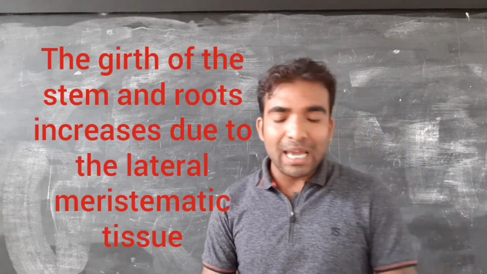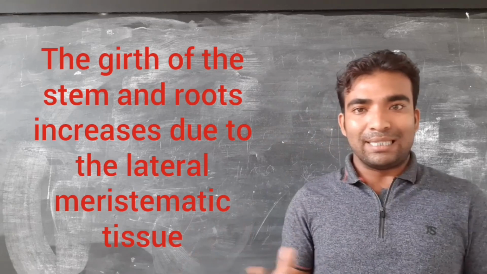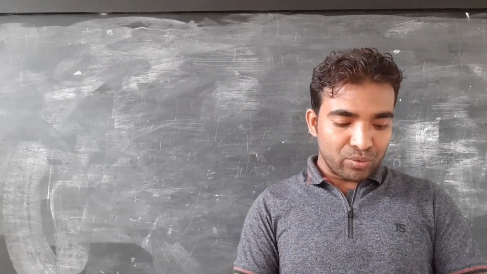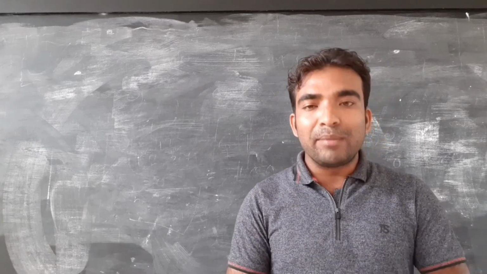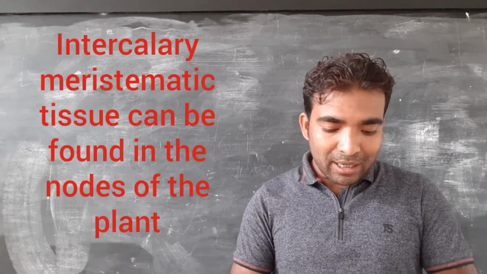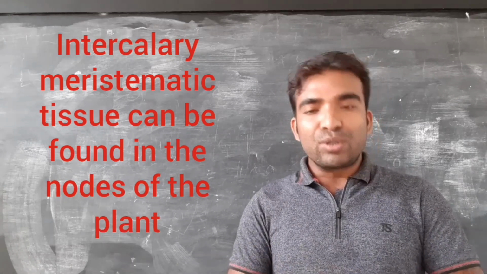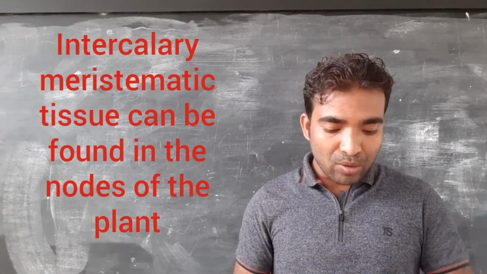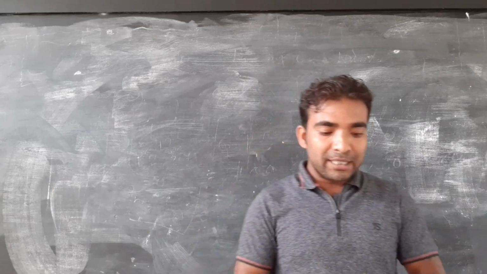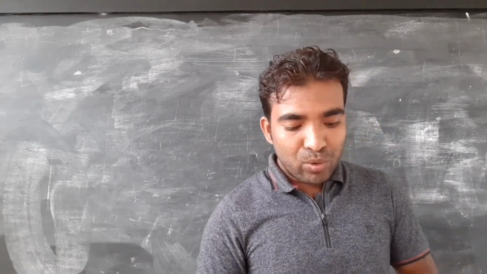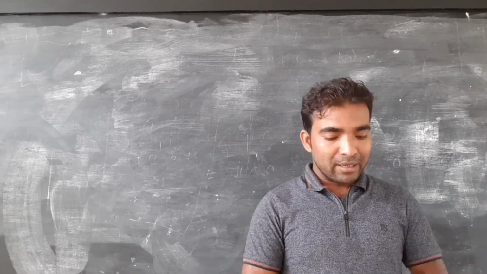The width of the stem and the root increases due to the function of this lateral meristematic tissue. And the third one is the intercalary meristematic tissue. Generally, intercalary meristematic tissue can be seen near the nodes of the plant. So this is all about the meristematic tissue, that is the apical, lateral and intercalary meristematic tissue.